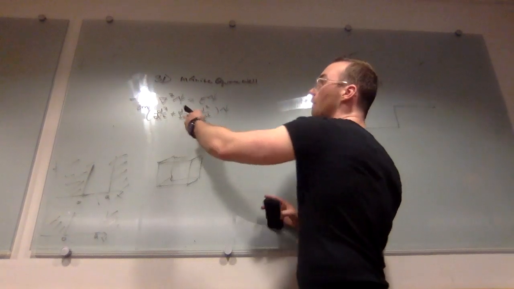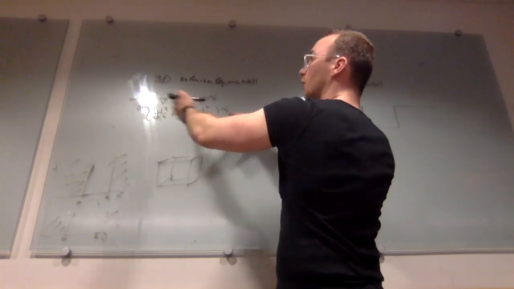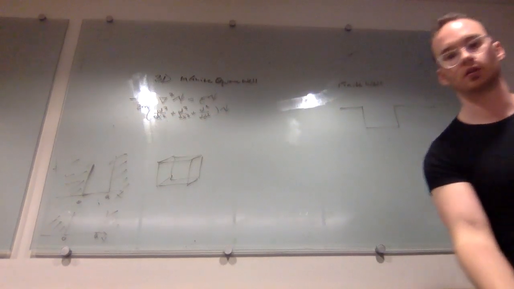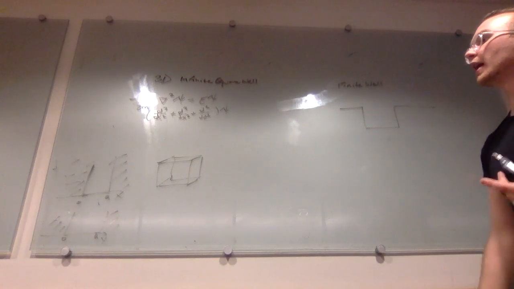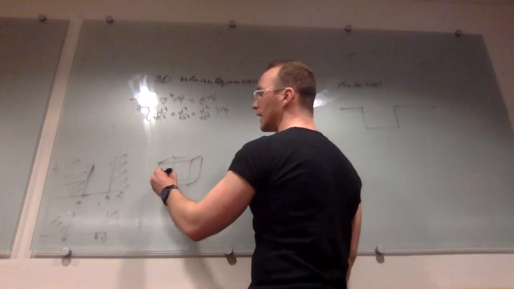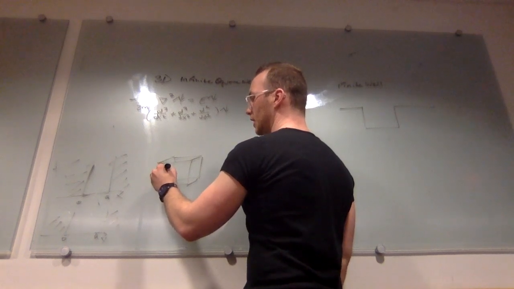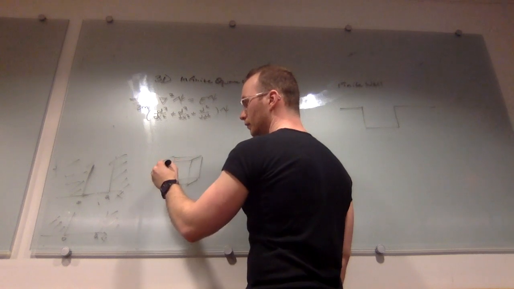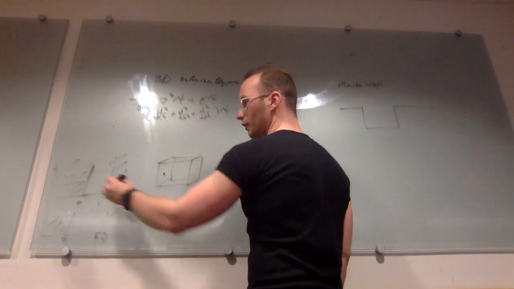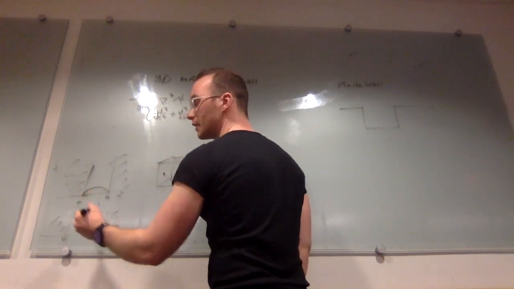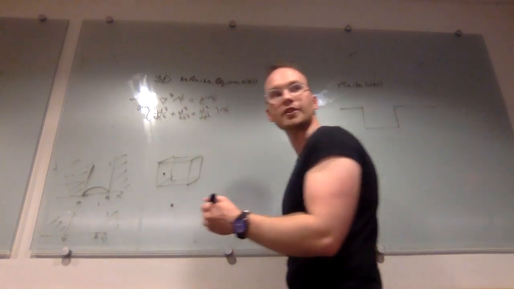This is separable, so you can solve the Schrodinger equation in three separate dimensions, and your wave functions are just going to be like, so remember how for this, the ground state was this, right? It was like half of a sine function.